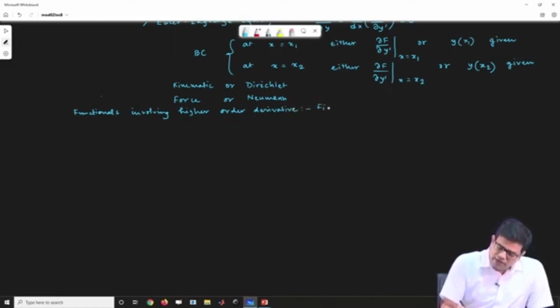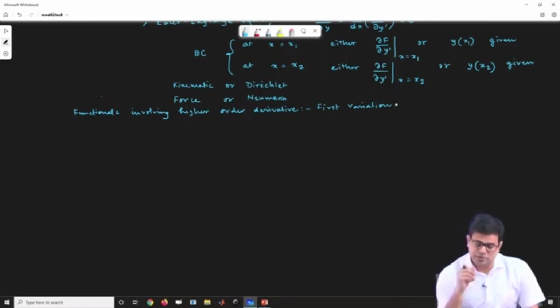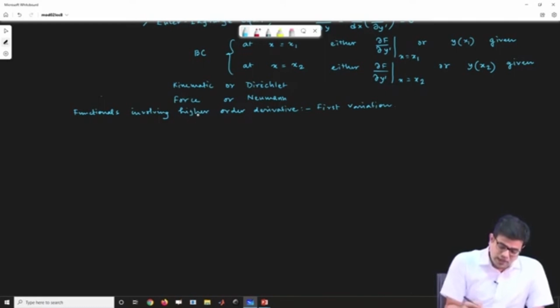How can we calculate its first variation? This has a direct connection with our beam problem, because the beam potential energy involves the second order derivative of the displacement, which is essentially the curvature.